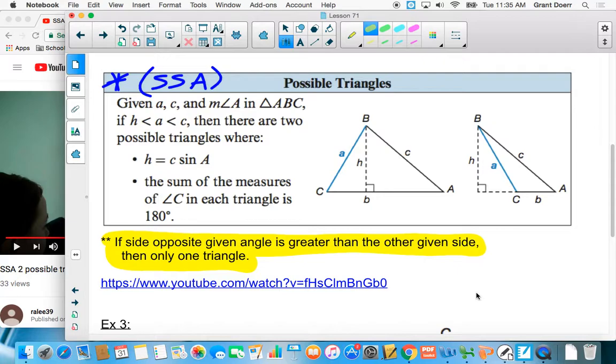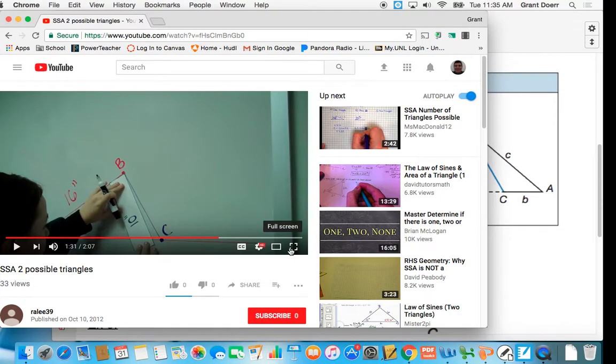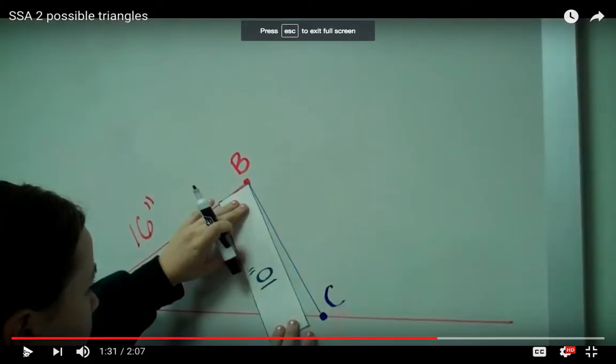Is that greater than the other side? No. So therefore, we now have how many different triangles possibly? 2. It's not only one, but now you could be looking at 2. And in fact, you are. And here is how she explains the two different triangles that you can get using those two pieces of information.